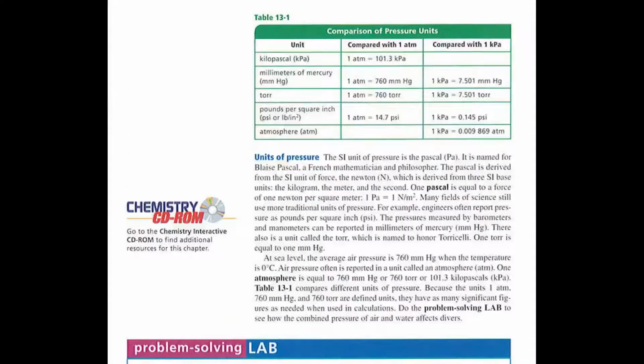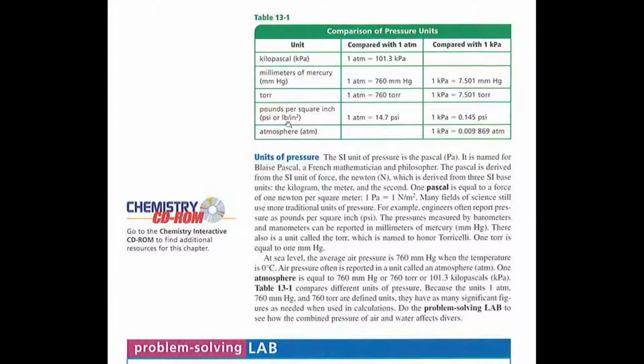A couple ways to measure pressure. You guys might have heard of PSI, pounds per square inch. A lot of engineers still use that. There are other units like millimeters of mercury, as we were talking about, kilopascals, pascals, torr, atmosphere.